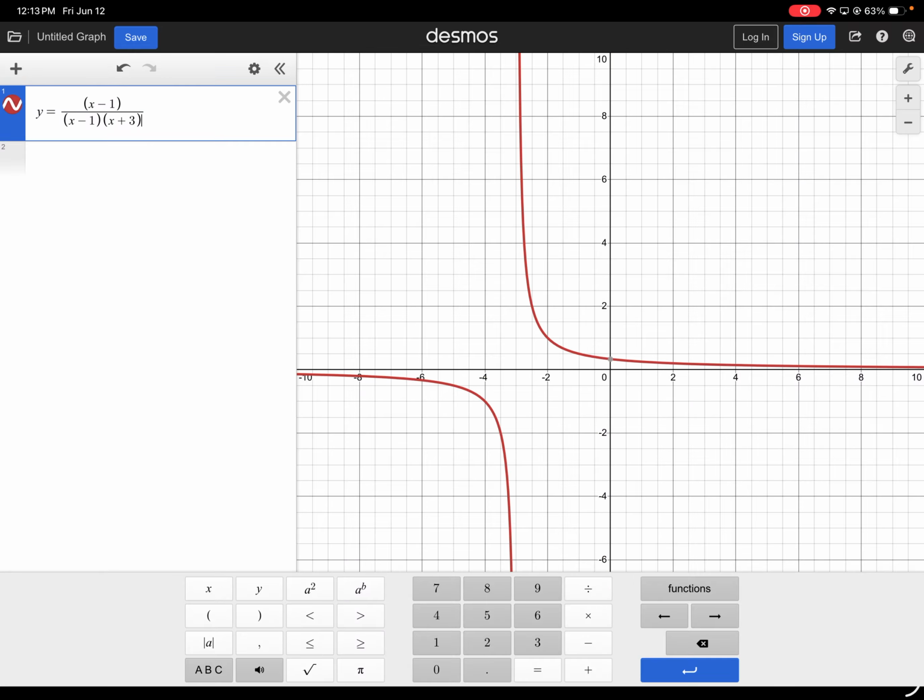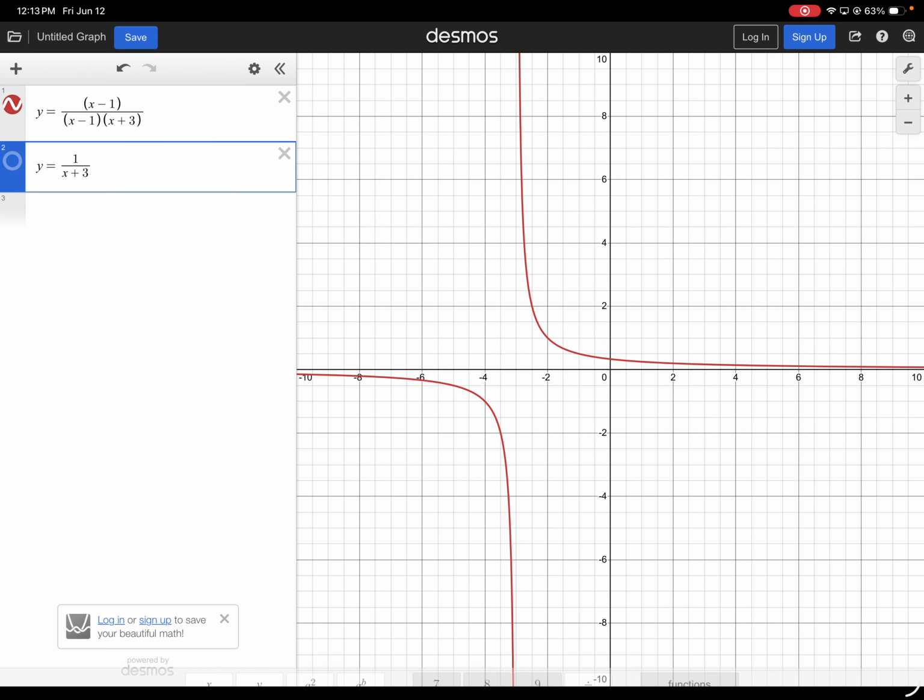You can see the graph looks like 1 over x shifted to the left 3, like the simplified version of this equation. If I type in y equals 1 over x plus 3, they look like they match up perfectly.